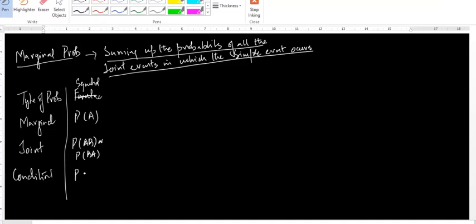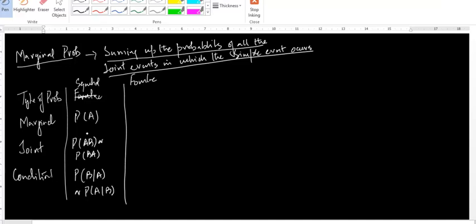Then the probability of A or B given that B or A has occurred, that is, the probability of A given that B has occurred. So we can calculate it like this. Now the formulas are going to be somewhat like this.